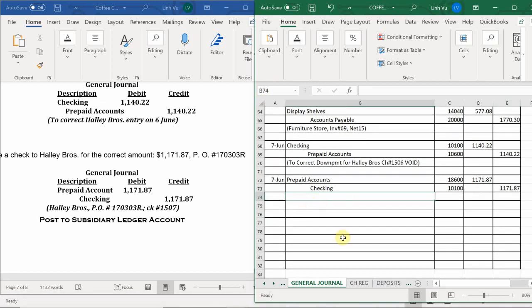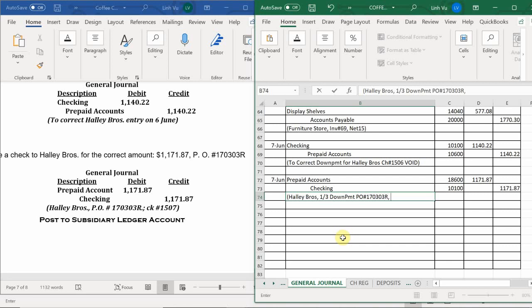And now, what are you going to write here? So down payment, what we wrote on the other one, but no void: check to Harley Bros, 1/3 down payment, for PO number 170303R for revised.